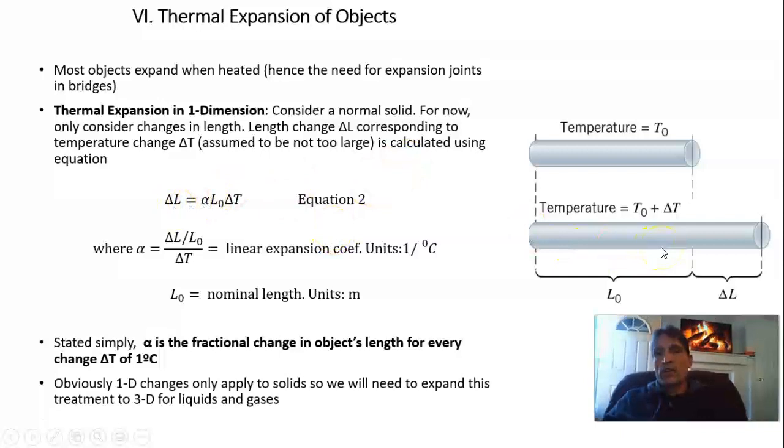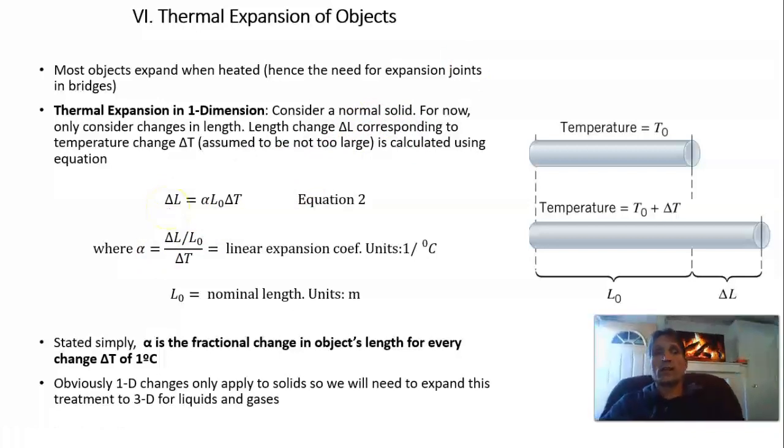In almost all cases, when something warms up, it expands, and when something cools down, it contracts. So a positive temperature change, delta T, will nearly always lead to a positive change, delta L, in length. And a negative delta T will lead to a negative delta L, which means objects contract when they cool, and they expand when they're warm.